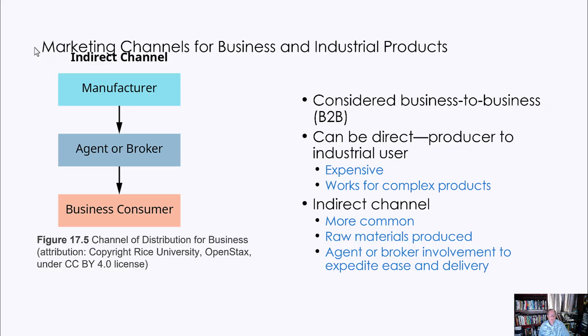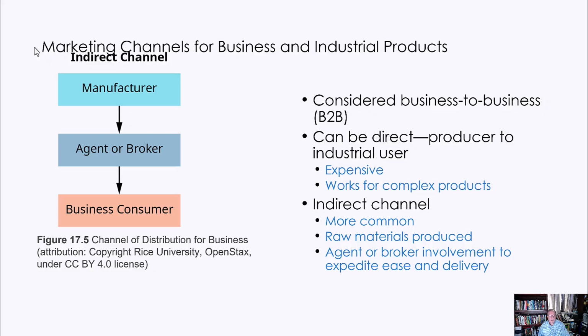So let's think about how channels help us move materials cost effectively to the buyer or the consumer, whether it's a manufacturer that wants to cost effectively move fingernail clippers to the consumer, or whether it's a farmer that wants to move their crop to a big buyer like General Mills that's going to produce our Cheerios.